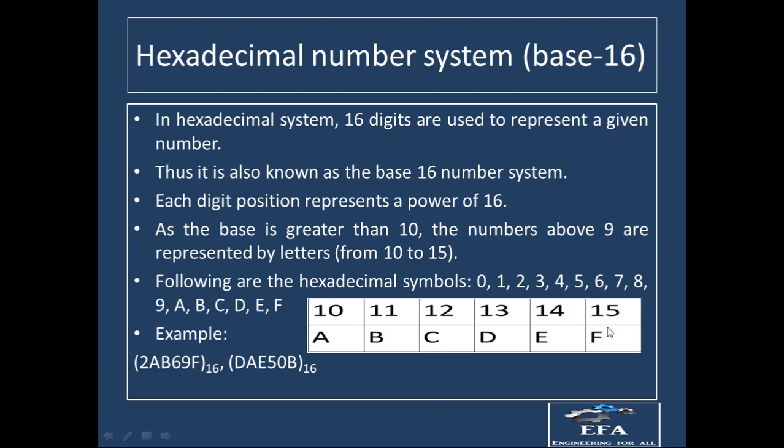Now when we say that we are having the hexadecimal number system and its range is from 0 to 15, there arises one problem. From 0 to 9 the numbers are okay, they are correct. But when we have to represent the numbers 10, 11, 12, 13, 14 and 15, they can be seen as 10, 11, 12, 13, 14 and 15 separately.